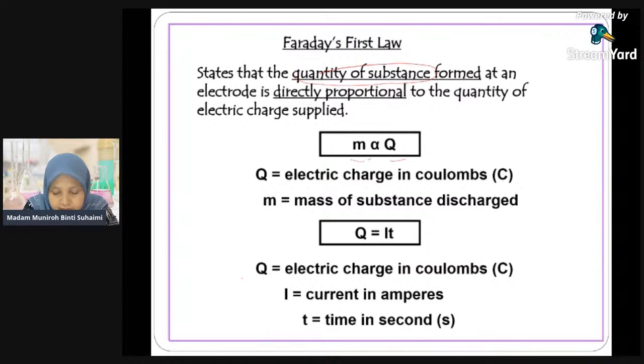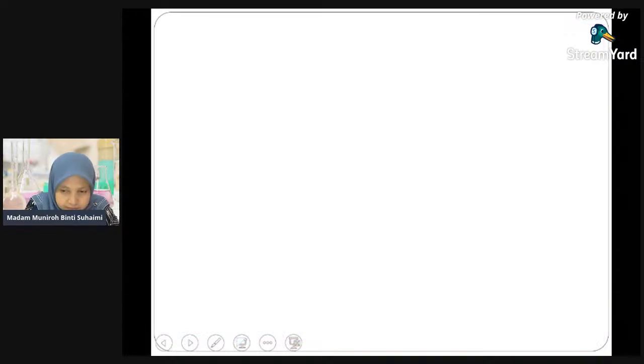Q is electric charge, I is current in amperes, and T is time in seconds. We see the example for Faraday's calculation.